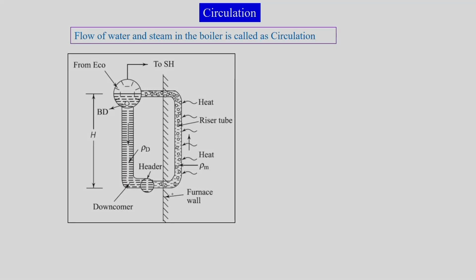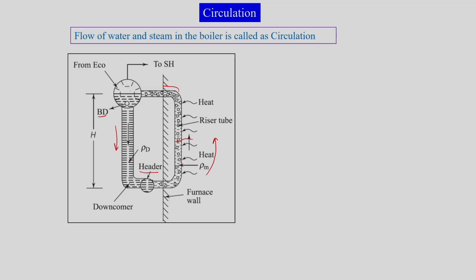This is what we were talking about: we have the boiler drum, BD, and then it has a downcomer where water is coming down in saturated form, it comes to the header, and then it comes to the riser where it is flowing in the presence of the flue gases, and the flue gases give heat to the water, and then the water changes its state from liquid to vapor, and again it goes to the boiler drum.